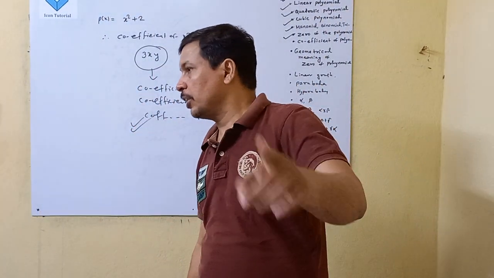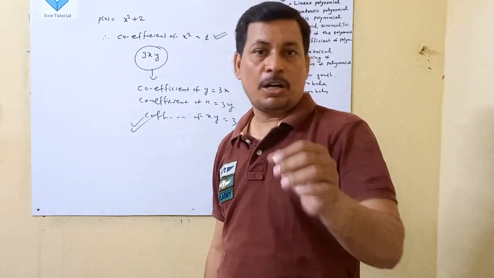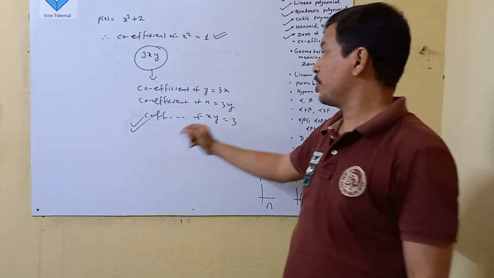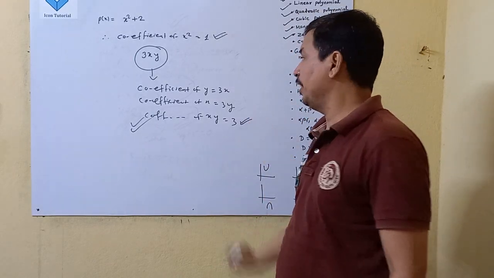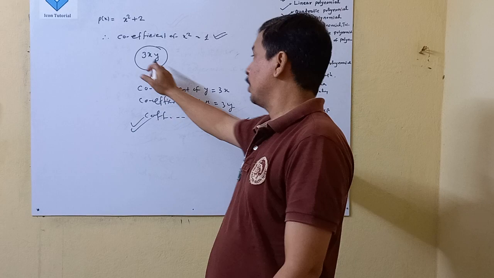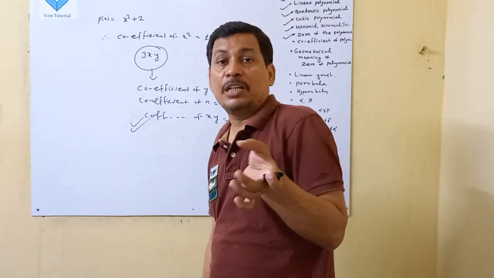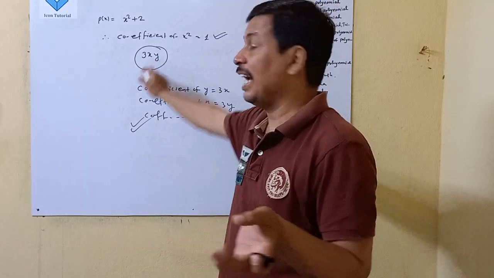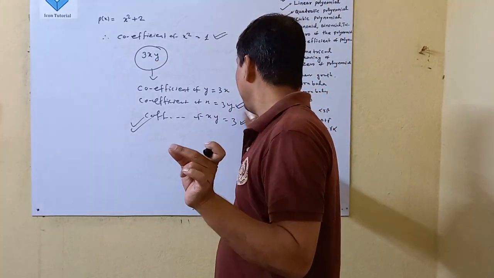That means this is the numerical coefficient. Understood? This is the numerical coefficient of xy. So numerical coefficient of xy is 3. The coefficient of x means whatever numerical value or term is multiplied with x. So in 3xy, 3y is multiplied with x.